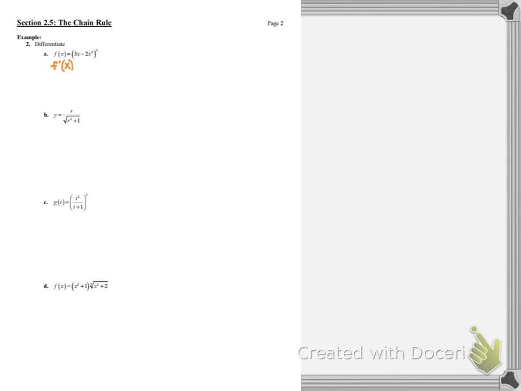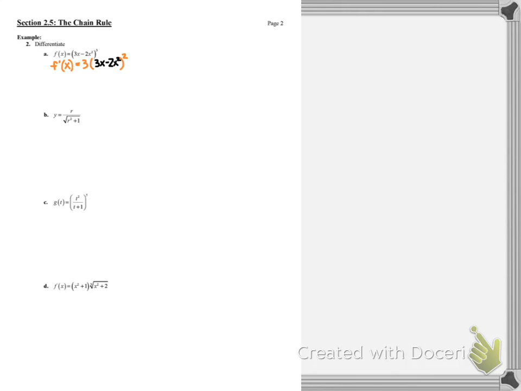Let's do some more examples. If we take a look, we took the derivative of the outside, which is why I brought the 3 down, and took the power to the second. So this part right there is taking the derivative of the outer function. Now we need to evaluate that at the inner function. So I will write the inner function inside.